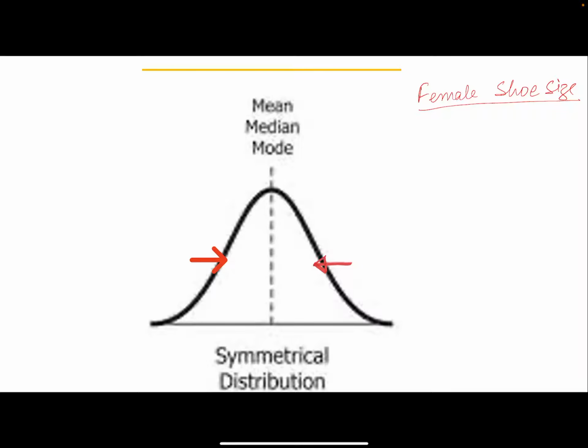Let us understand the normal distribution or the symmetrical distribution with the help of an example. As per the data collected in the US on female shoe sales by size, it was found that it is normally distributed.